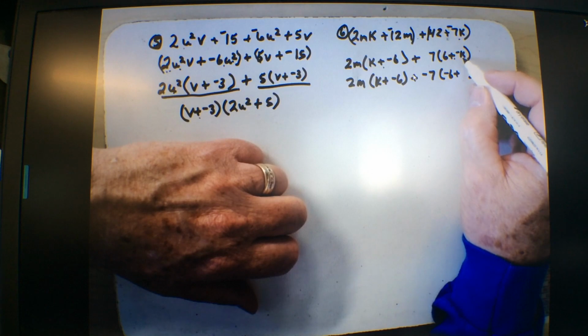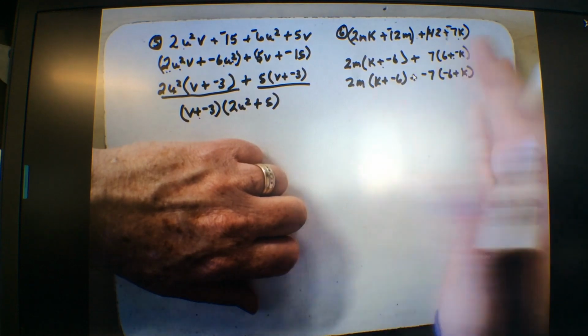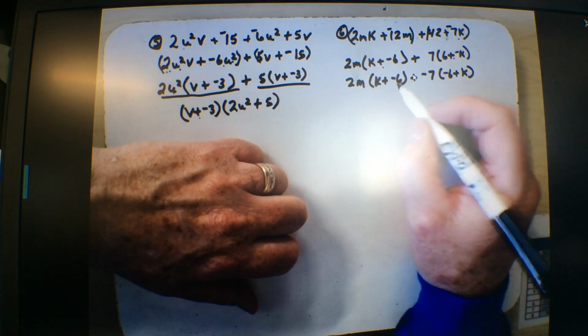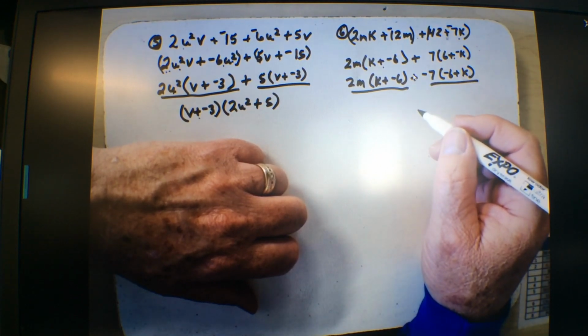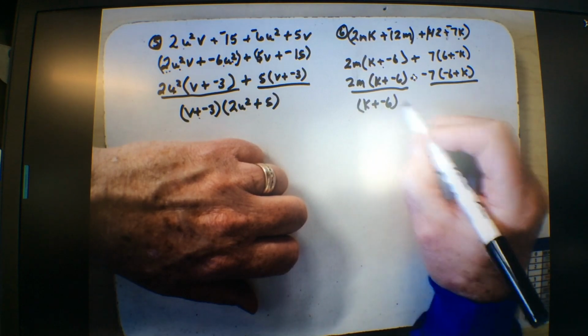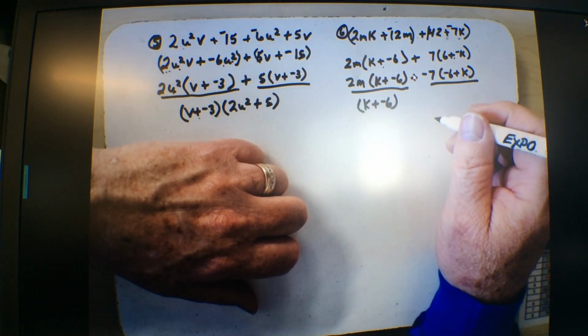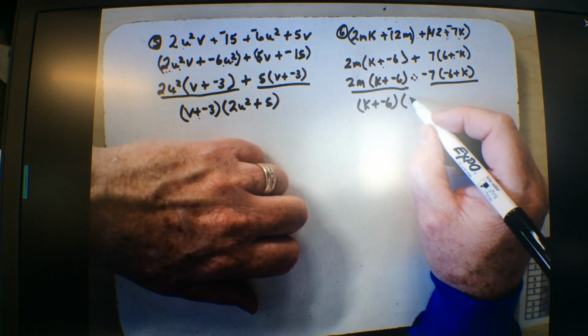If I take a negative k and I divide by a negative 1, I get what? Now are they the same? Yes, they are. I know they're flipped, but they have the same quantity. So I can use this as both of them, right? And I can factor out a k plus negative 6. Now, do you write k plus negative 6 or negative 6 plus k? It doesn't matter. What's left in the first one, Jackson? 2.